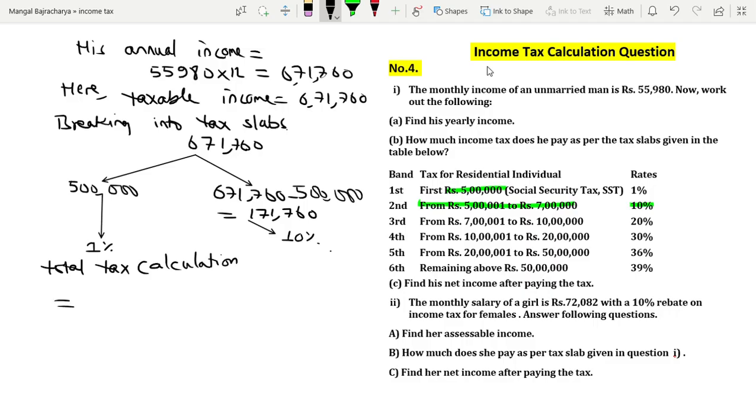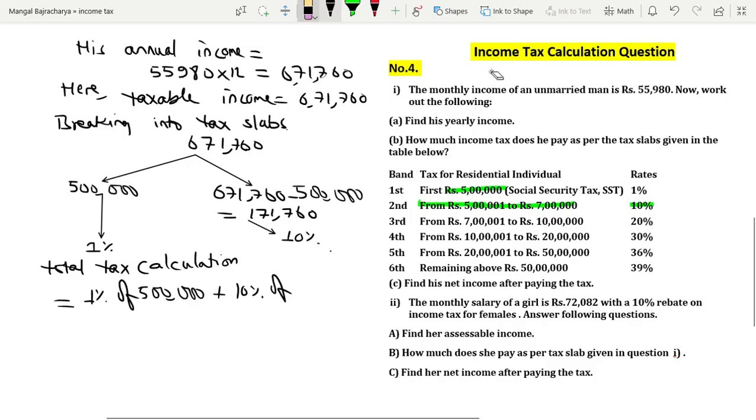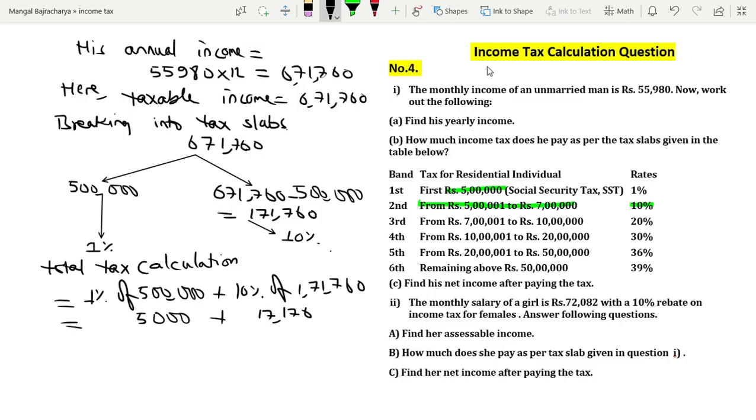for the first 5 lakh, that is 1%, so 1% of 5 lakh, and for the second slab, that is 10%, 10% of 1,71,760. So 1% of 5 lakh, if we calculate that, you get 5,000, and 10% of this amount 1,71,760, if we calculate, we get 17,176.